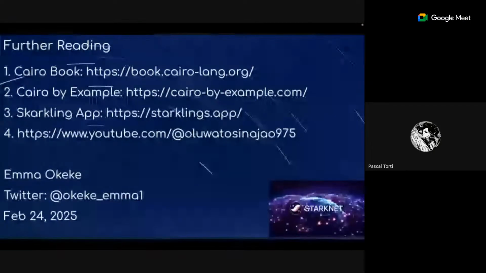Very good. We also have the Starklings app. That's like a learning platform. There are various questions and various stages. You can go there and do one or two, and pass through until you get to the last stage. Then you can also go to YouTube.